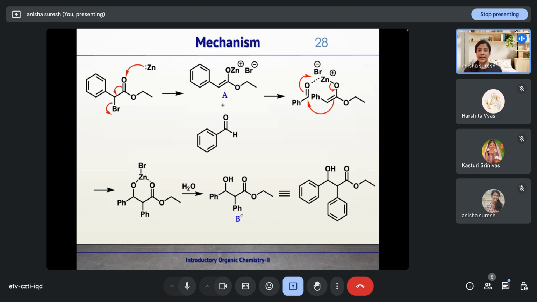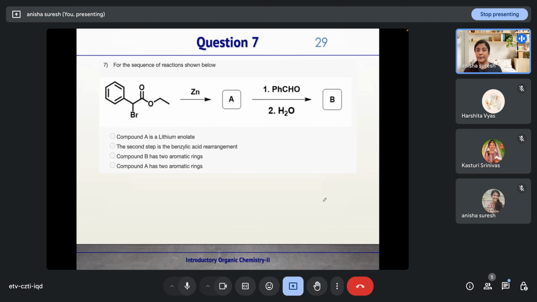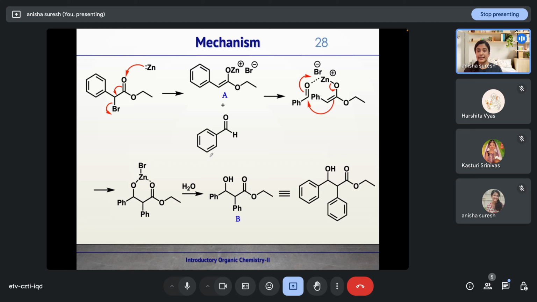So compound B has two phenyl groups, that is, aromatic groups. So compound B having two aromatic rings is the right answer. Is this clear?